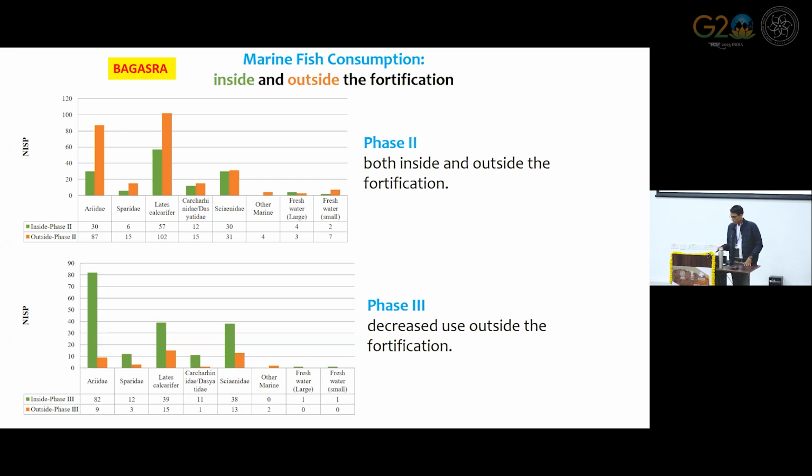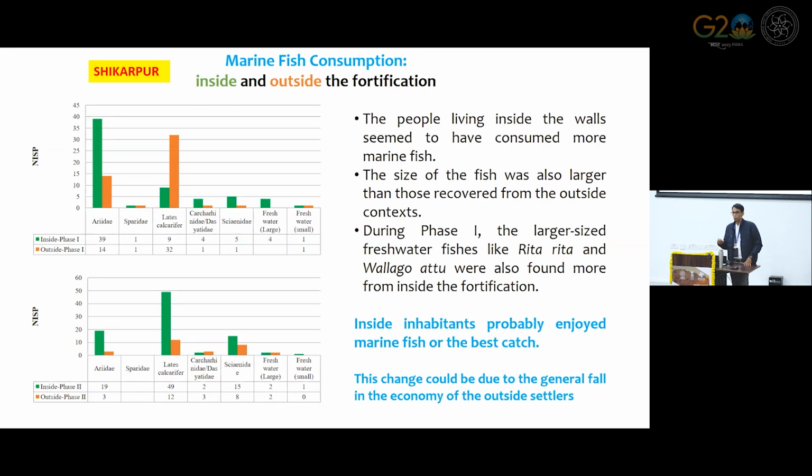A similar pattern can be observed in Shikarpur as well. Here also, inside the fortification you have more use of marine fish, and the size of the fish is also larger inside the fortification. Maybe the outside dwellers had lesser privilege to access this kind of better catch of fish. Maybe the better catch was enjoyed mostly by the inside dwellers.